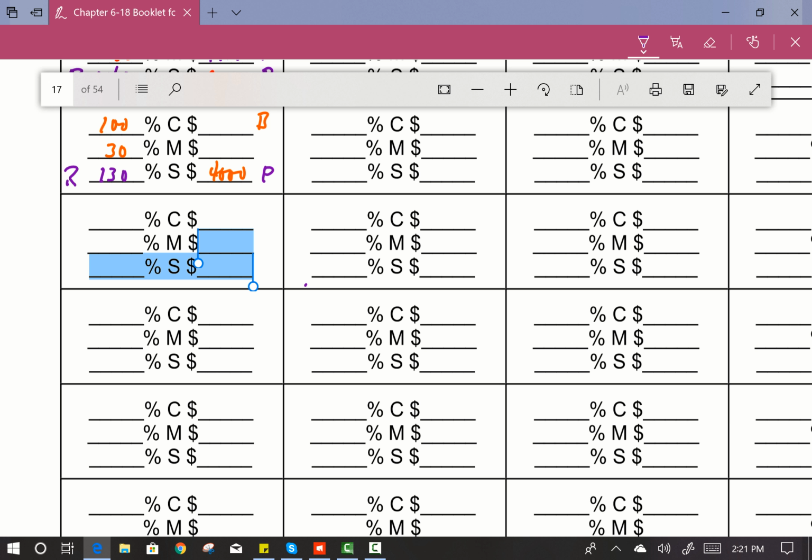I'm going to take 4,000 and divide that by 1.3 after I move the decimal point 2 places to the left, and that will equal 3076.92. Then the difference between 4,000 and 3076.92 is 923.08.